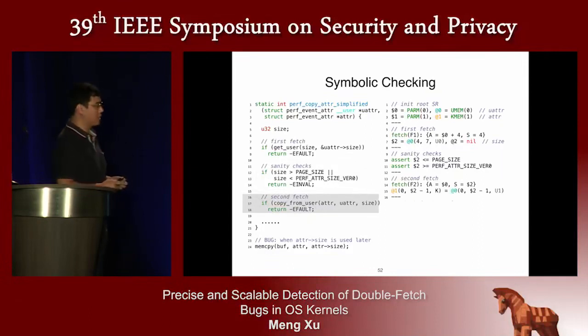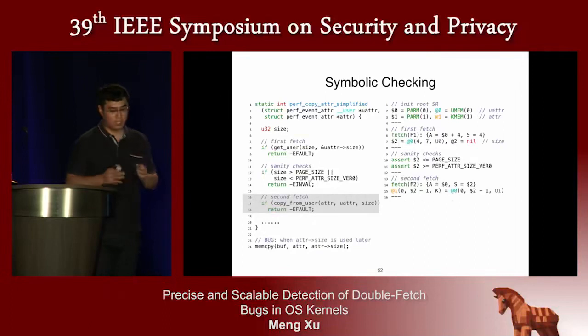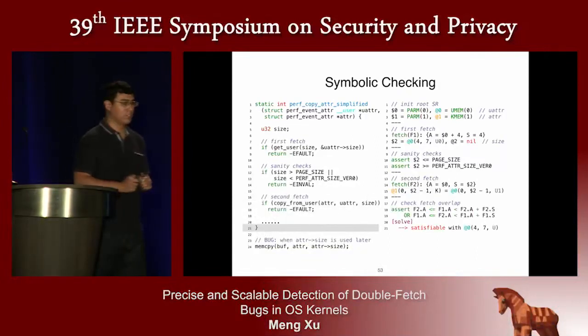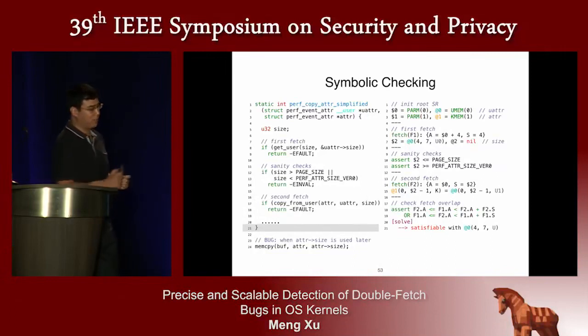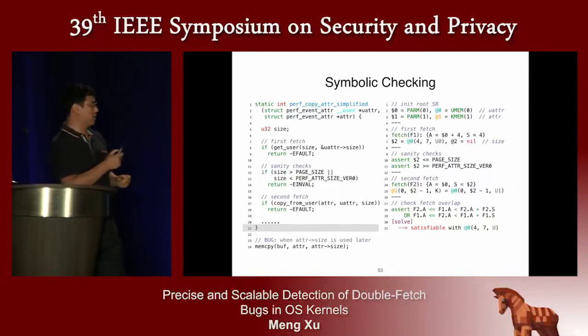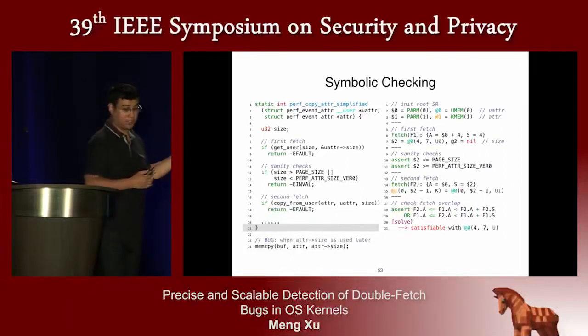Now you reach the second fetch, you do the same thing, and you derive A and S, the starting address and the size of the whole fetch. Once you reach the end of the function, you do two checks. The first check is whether there is an overlapped fetch, meaning whether f1.a, f1.s and f2.a, f2.s satisfy a certain constraint.